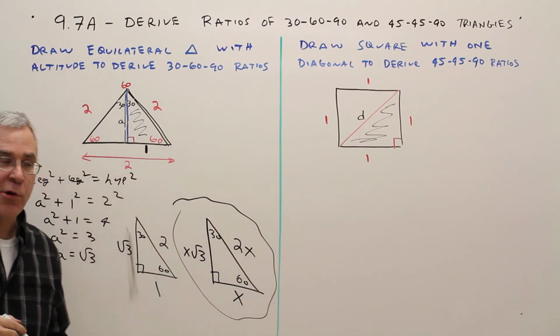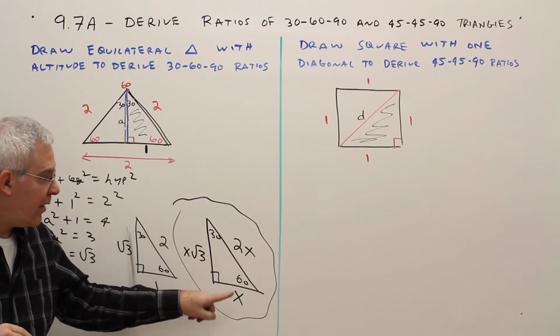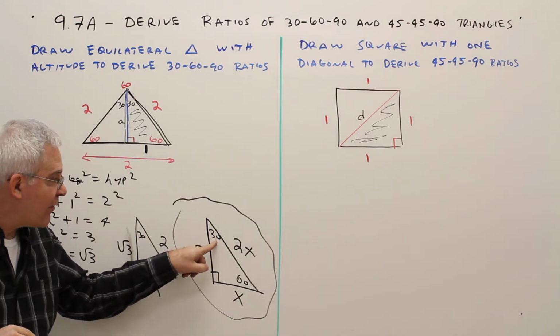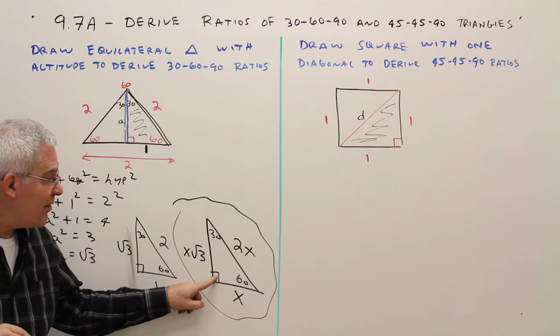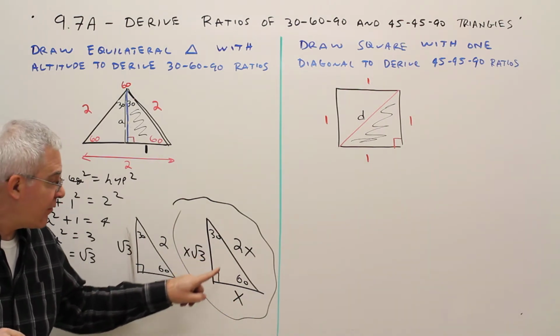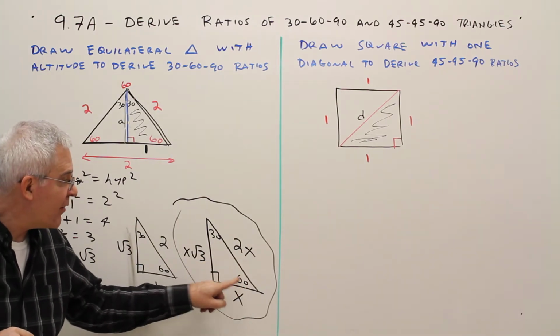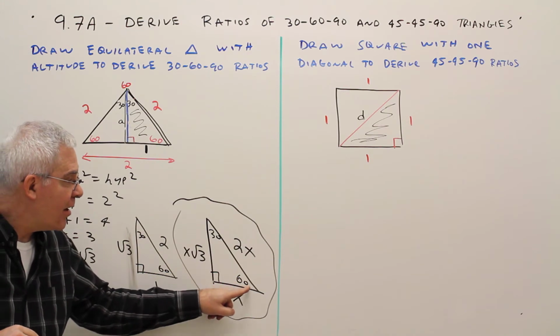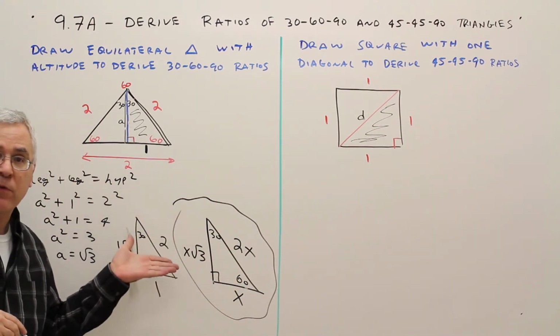It's important to note that opposite the 30-degree angle is x. Smallest angle, smallest side. Opposite the 90-degree angle is 2x. Largest angle, largest side. Opposite the 60 is x radical 3. Middle angle, middle side. And we're going to use these in some examples coming up.